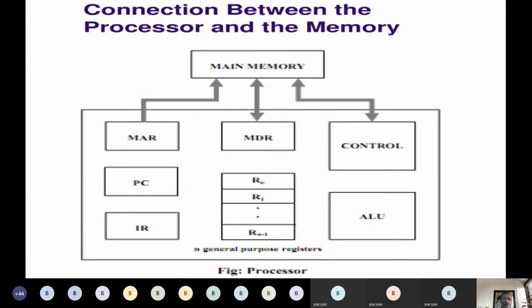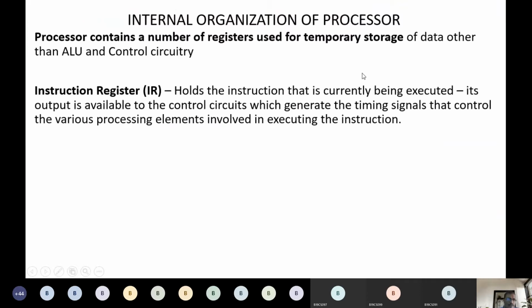Before that, we will understand what these registers mean. The processor contains a number of registers. One such register is the instruction register, IR. It holds the current instruction being executed. This we had already discussed, so I will go through it quickly.